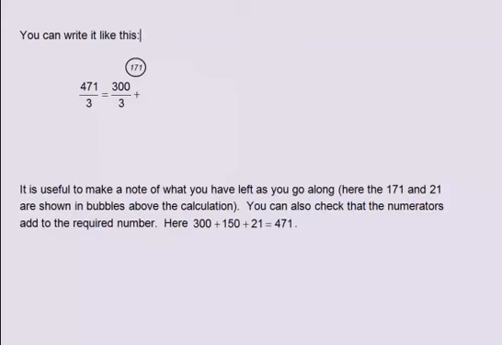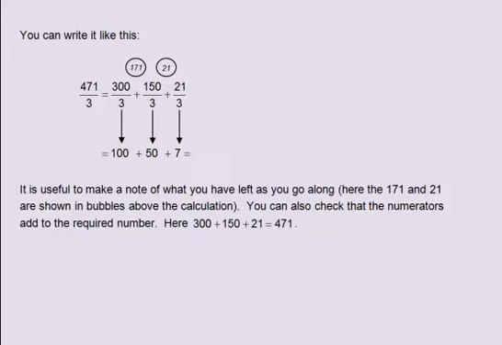Now chunk 171, which is 150 over 3, with 21 left over, which you can divide by 3 to give 21 over 3. Now, 300 over 3 is 100, 150 over 3 is 50, and finally 21 over 3 is 7.